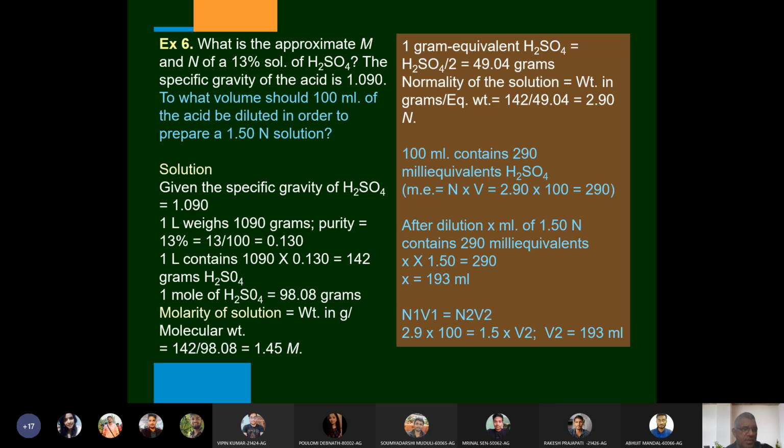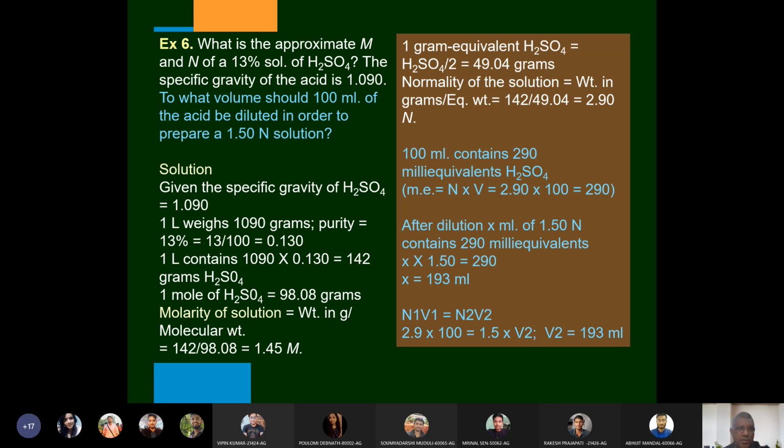Such questions come in your entrance examination. One time I have seen one question related to pH: a 100 ml solution having pH 4.5, another 200 ml solution having pH 5.6. If you mix these solutions, what will be the pH? Such numericals sometimes appear.